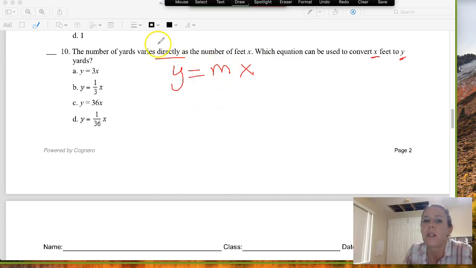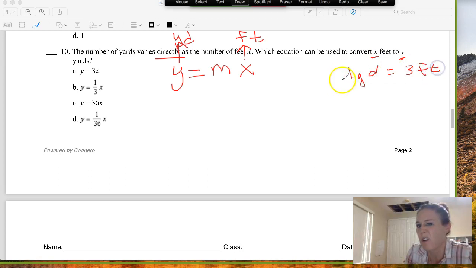All right? So if y is yards, and x is feet, we know 1 yard is 3 feet. There's 3 feet in a yard, right? So I'm going to plug in 1 for y and 3 for x, and figure out what this constant is. 1 equals something times 3.